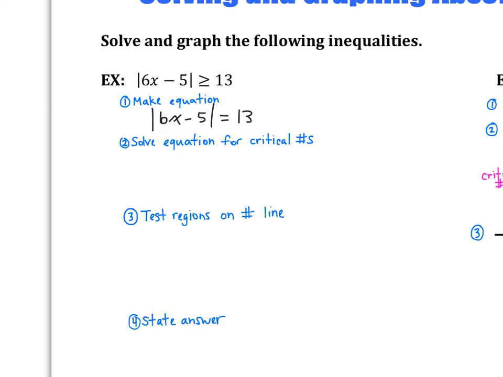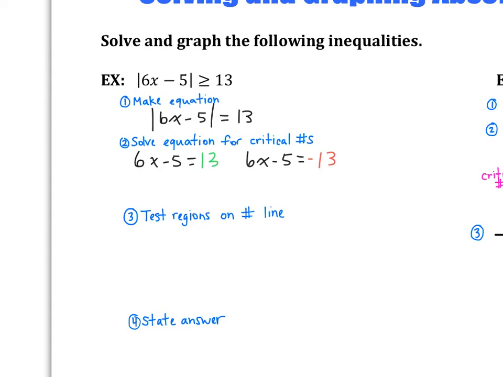Now we're going to solve this equation like we've done many times in the past, and we're going to solve these for our critical numbers. Since the absolute value is already isolated, I can say 6x minus 5 equals 13, or 6x minus 5 equals the opposite of 13, or negative 13 in this case.